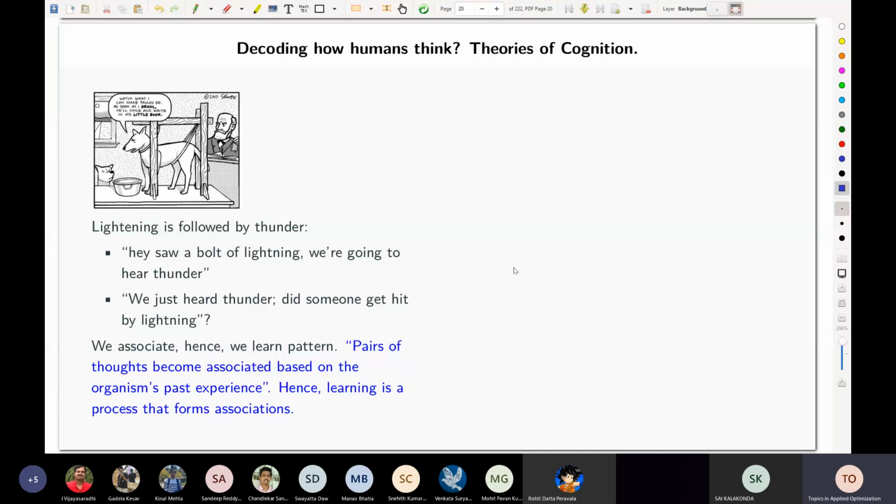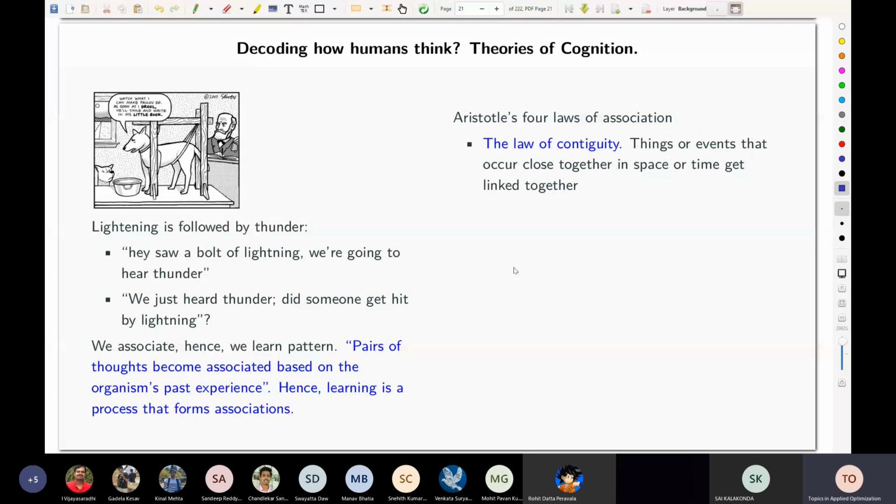We have seen this many times, a bolt of lightning and then some sound comes up. So we know that a bolt of lightning is associated with thunder. We also know that when we hear a loud thunder, it is in rare cases associated with lightning hitting somewhere. In the worst case, it may hit and kill some person. So one theory suggests that we associate, hence we learn.